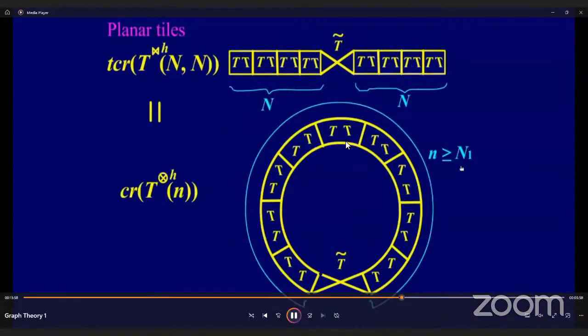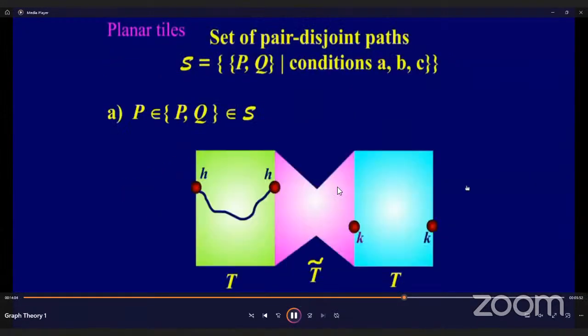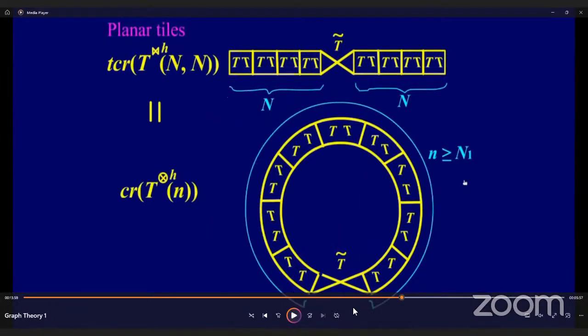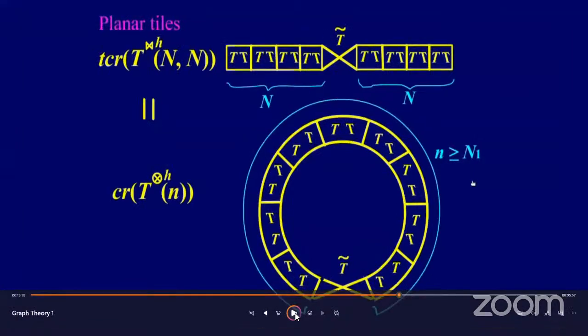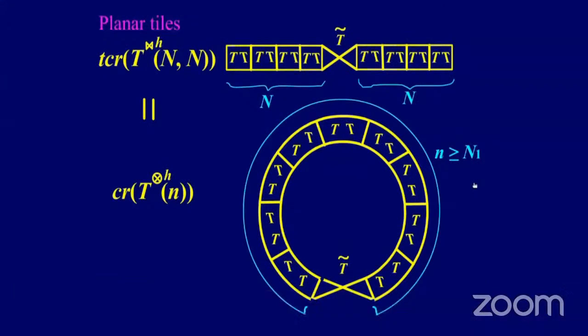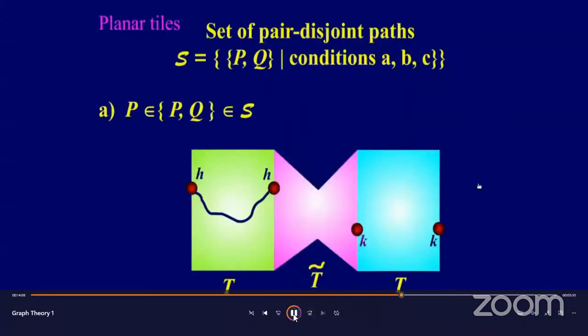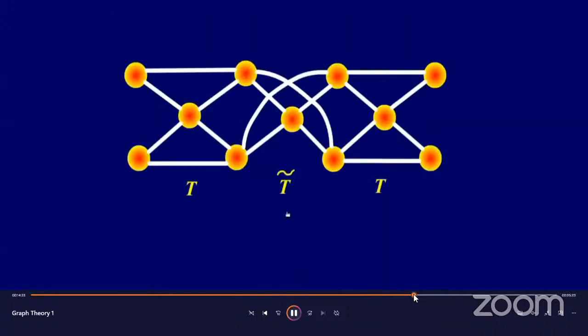So that's circular. And the crossing number of this one from all of that is just this. So the crossing number of all this is just the bottom one. And that is how you calculate the crossing number for those kinds of things.